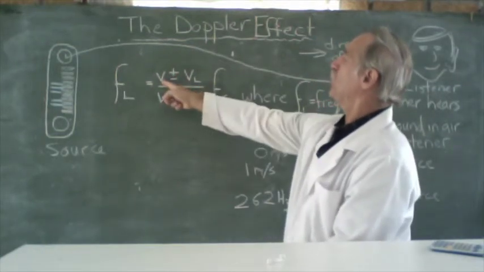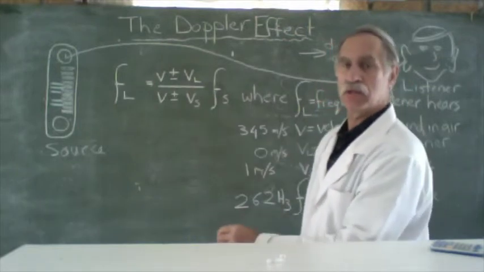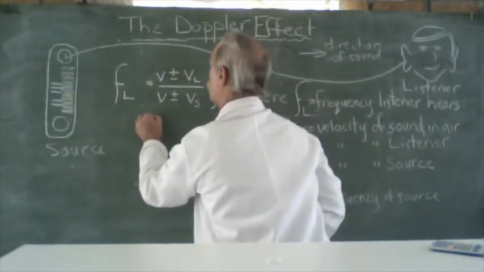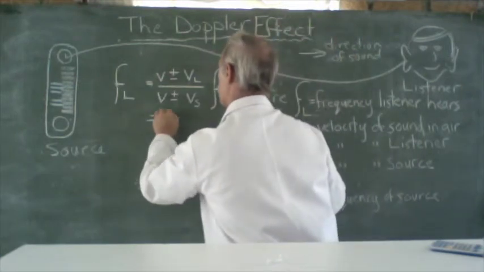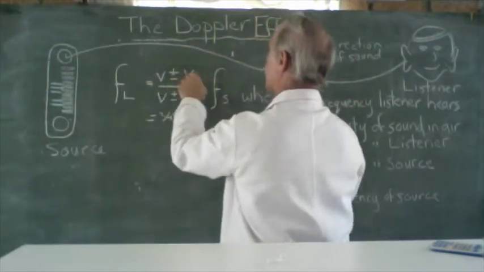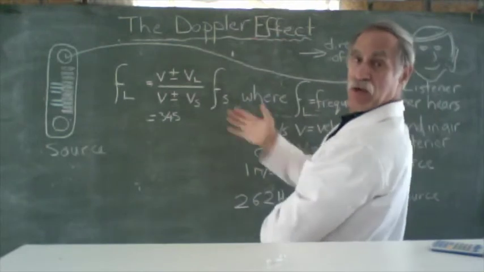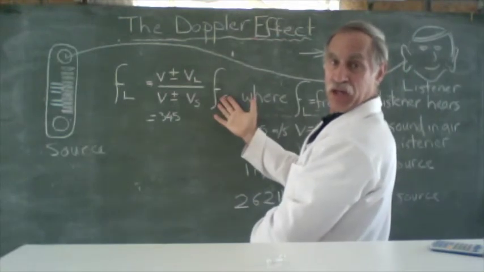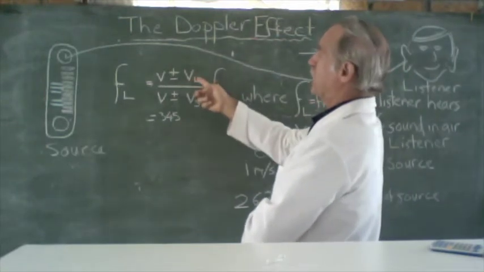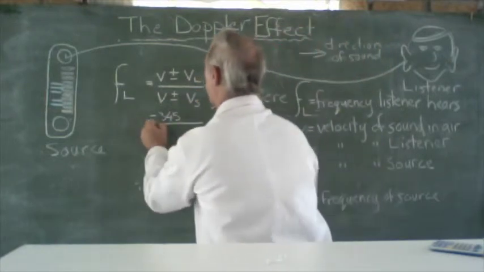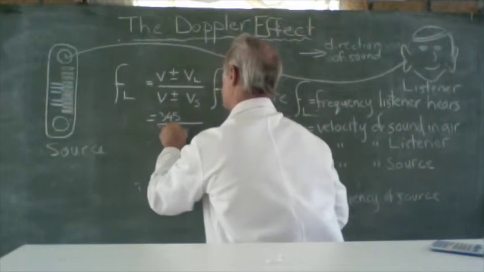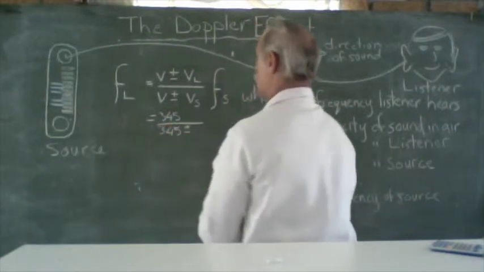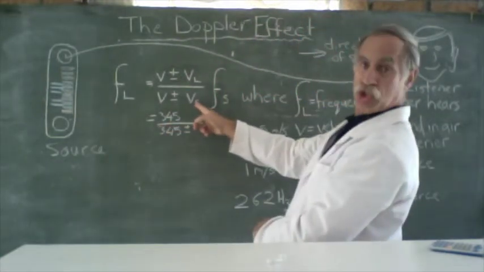Right, now that we've got all our values, let's plug them into this Doppler equation. The velocity of sound in air is 345, plus or minus the velocity of the listener, which is naught, so we can ignore it, over the velocity of sound in air, 345, plus or minus the velocity of the source.